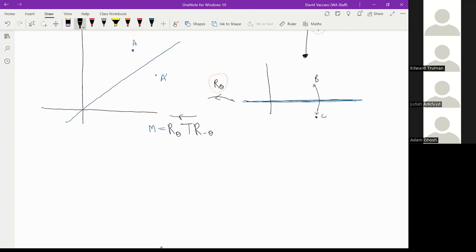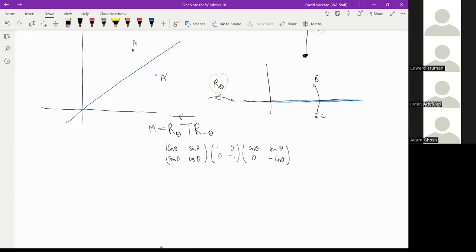So let's see what we get. R theta, we remember, is cos theta, minus sine theta, sine theta, cos theta. T is 1, 0, 0, negative 1. And R negative theta is cos theta, sine theta, negative sine theta, cos theta.